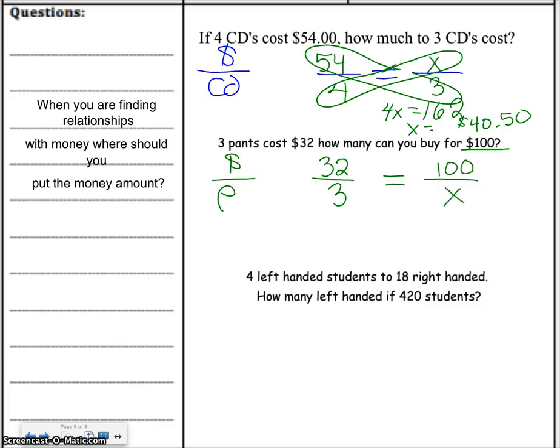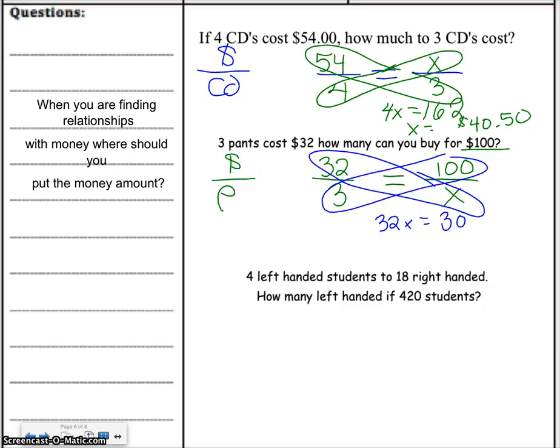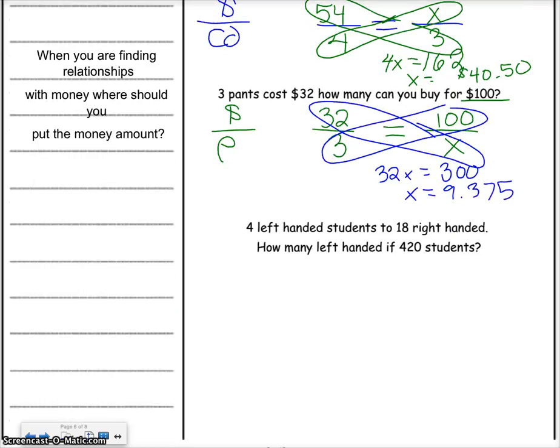So I'm looking for my pants. Okay, then set up the cross product. 32x equals 300. X is 300 divided by 32, which is 9.375. What the goodness? Doesn't even make sense. That's okay, because I just came up with these off the top of my head. So, it will be a whole number. 9 pairs of pants you can buy.